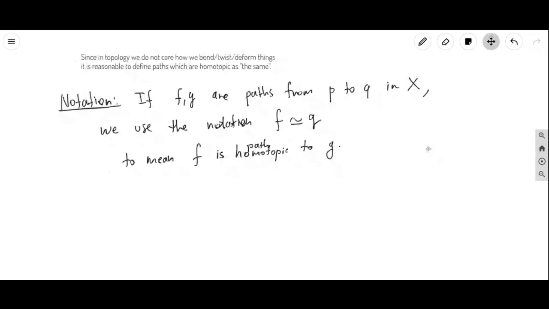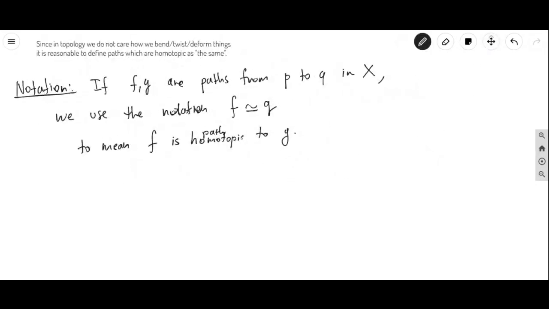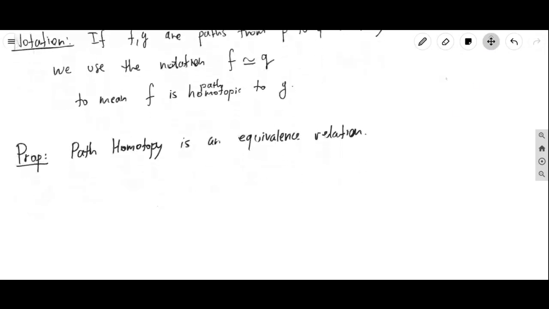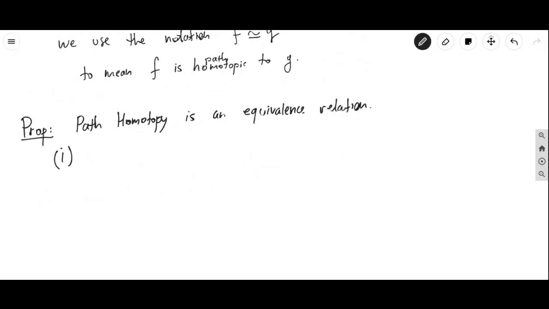And so here's a proposition. Path homotopy is an equivalence relation. So what does that mean? It means three things. It means F, any path, is homotopic to itself.